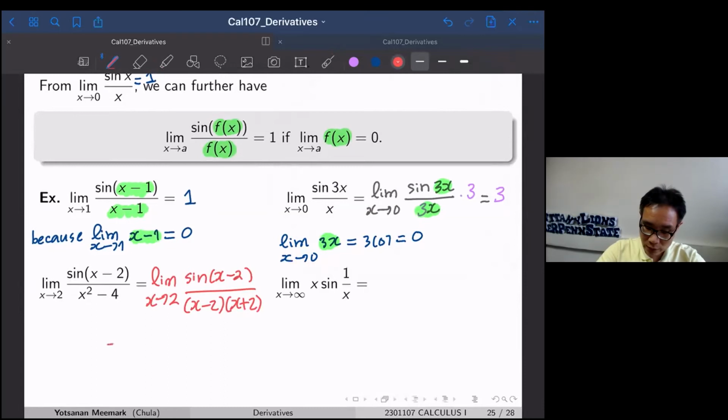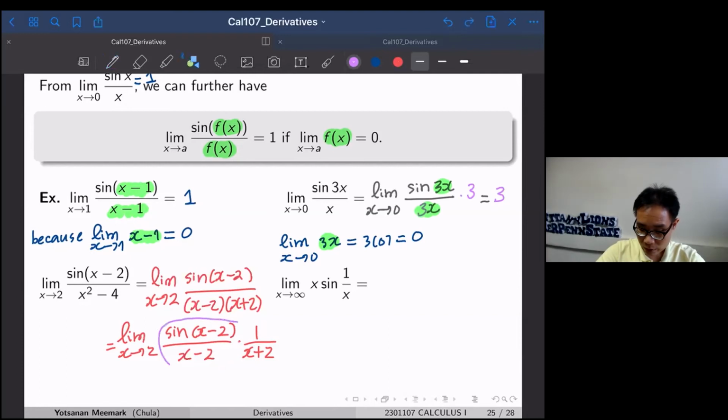And you see that it's going to be limit x goes to 2 of sine of x minus 2 over x minus 2, times 1 over x plus 2. And you have this one, okay? And this limit turned out to be equal to 1, okay?